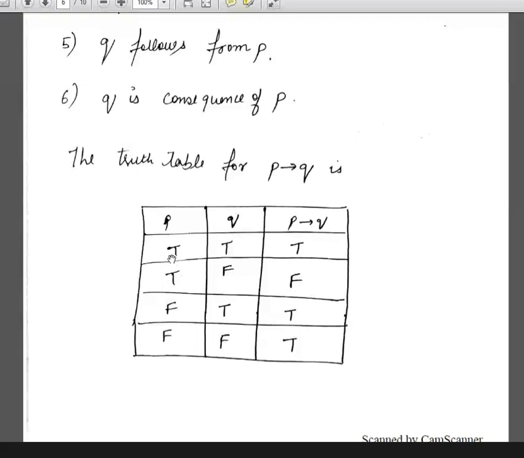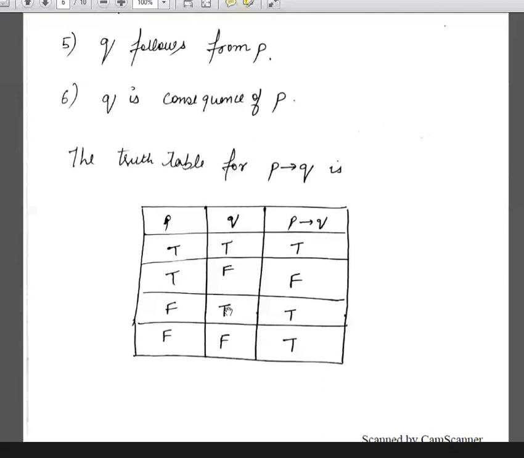Now look at the other conditions. True implies true, then the final answer is true. Means if P is true and Q is also true, then P implies Q is true. Second, true false implies false. Third, false true makes true.